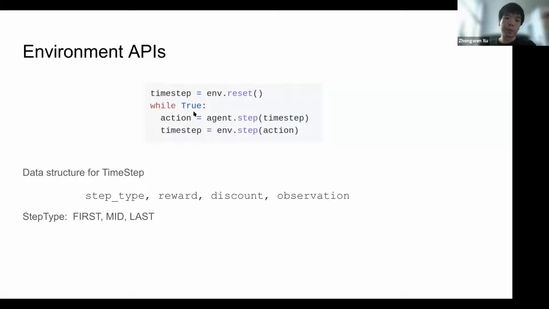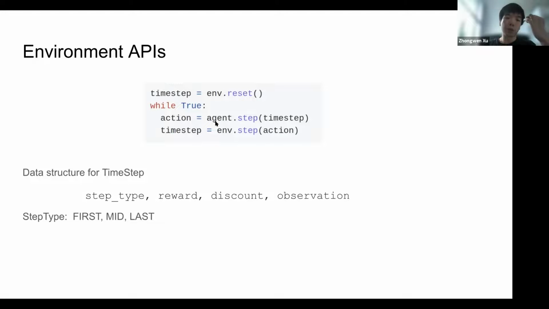Then the loop starts, and the agent can step according to the time step and produce an action. You can implement the agent with different methods, for example, DQN methods or other methods like policy gradient. So the policy is basically taking the time step and producing an action, right?